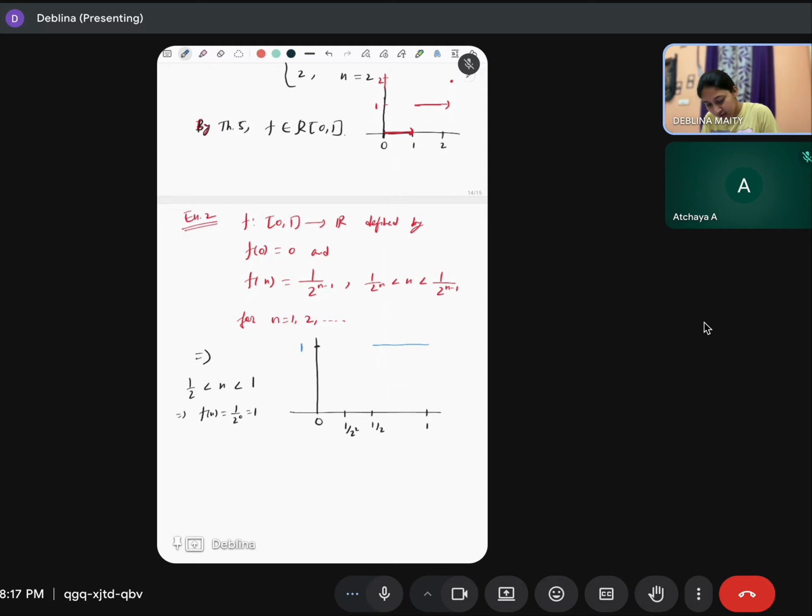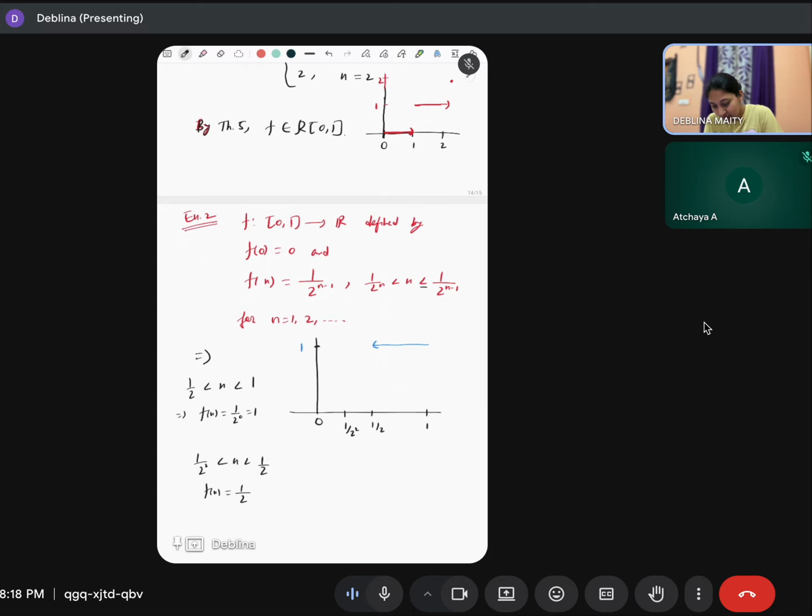Right? So this is open. At half, we don't know the value. At 1 it is 1, right? But at half it is 1 by 2 to the power n. So when 1 by 2 square is less than x less than 1 by 2, we have this value 1 by 2, right?